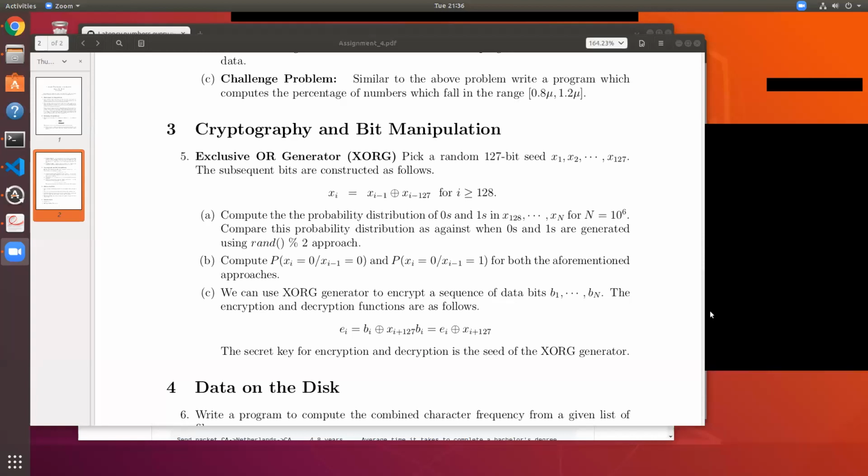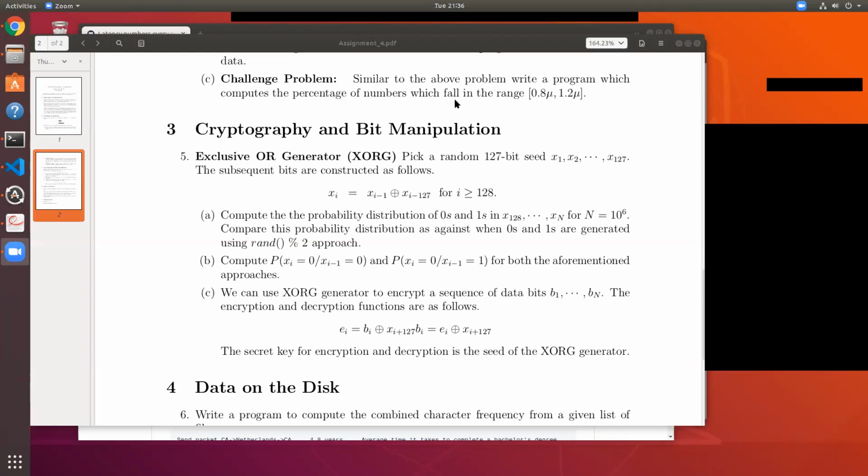The way crypto works. Yeah, it is supposed to be this way only.